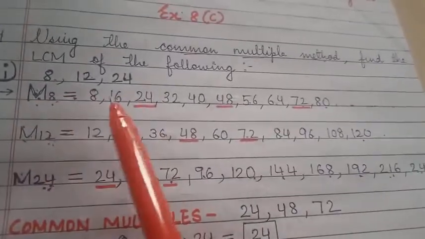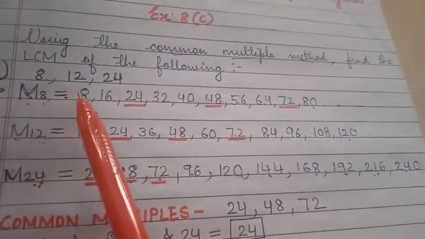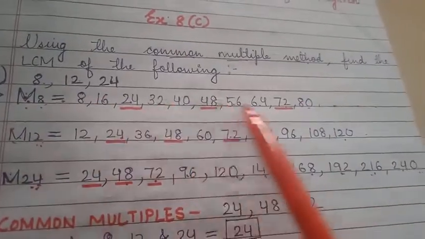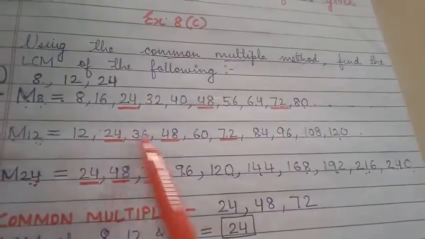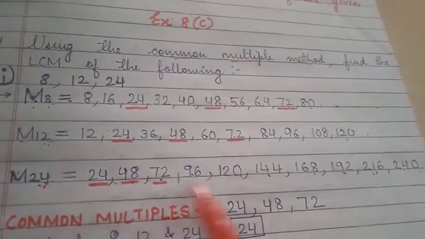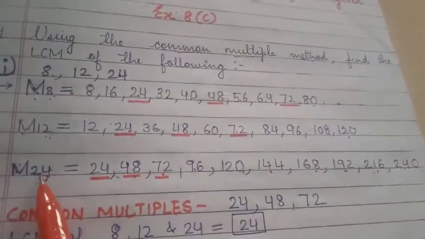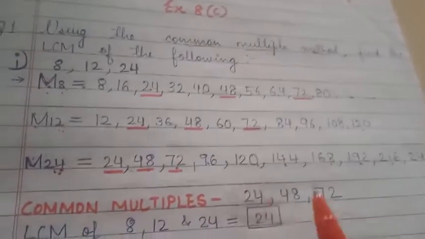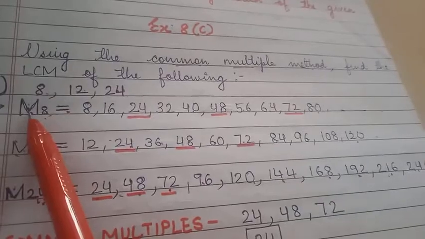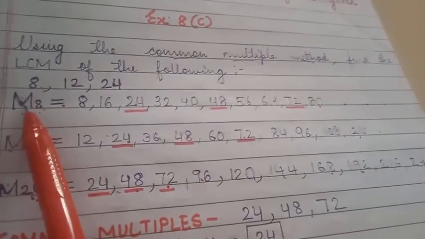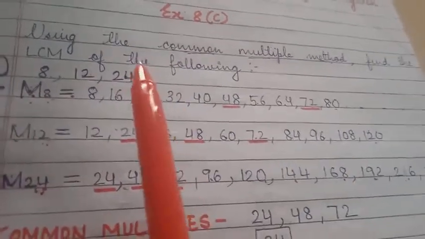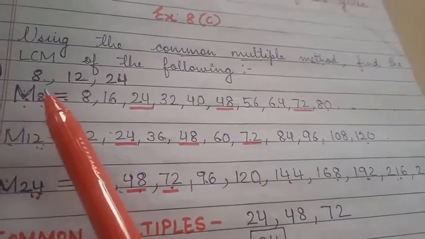So these are all multiples of 8, these are all multiples of 12, and these are all multiples of 24. First, in this common multiple method, list out all the multiples. At least 10 to 15 multiples you should write, or according to your requirement.